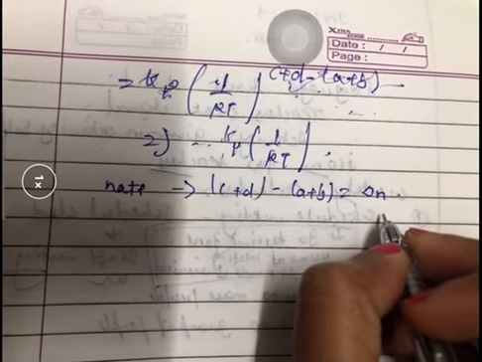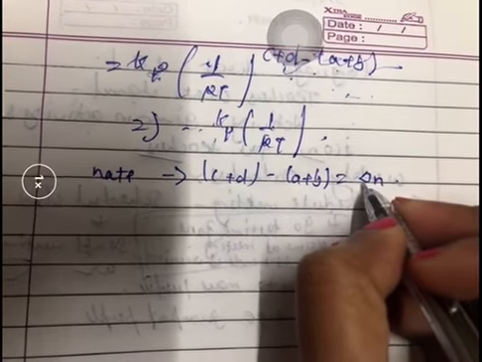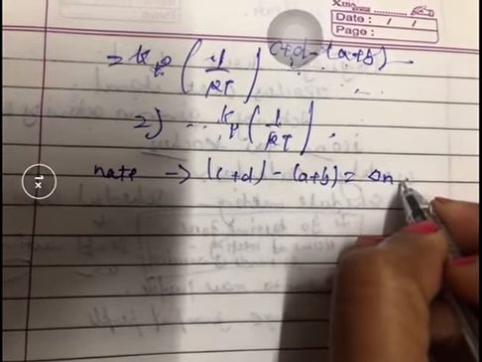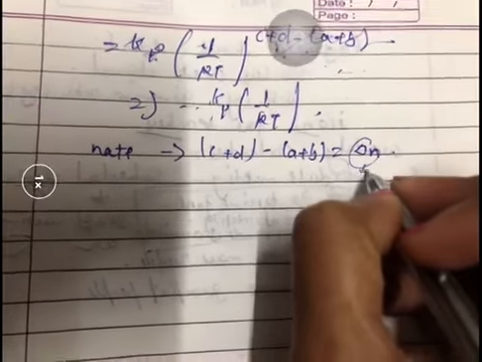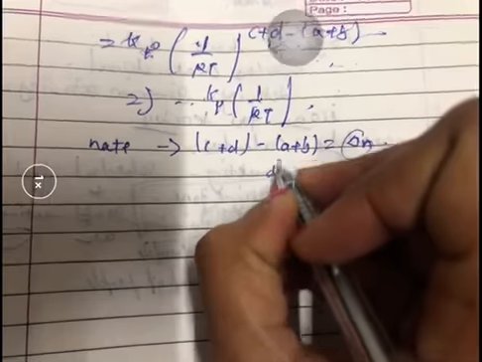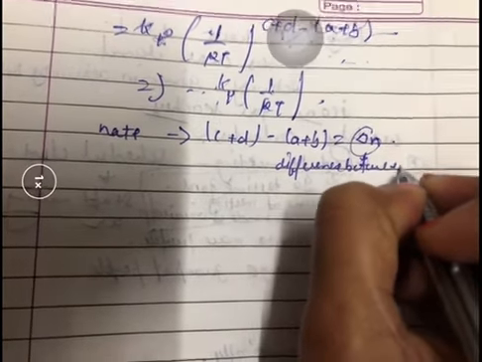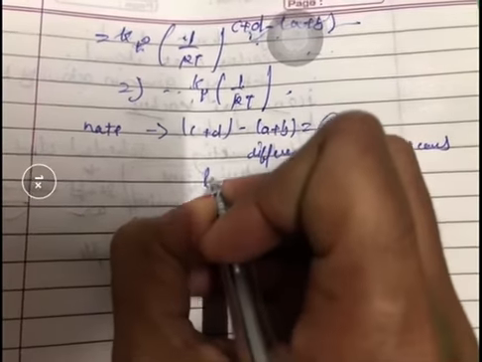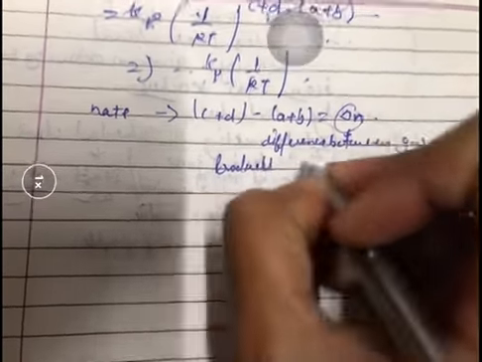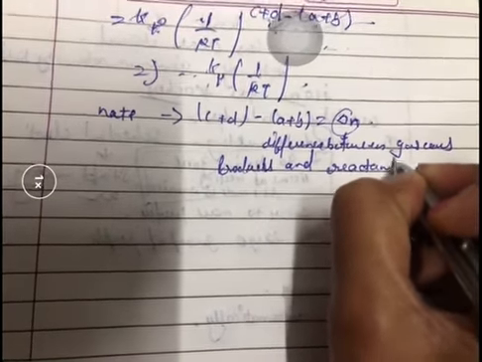Clear? That is the change in number of moles. I can say that this is the difference between the gaseous products and the reactant moles, del n.